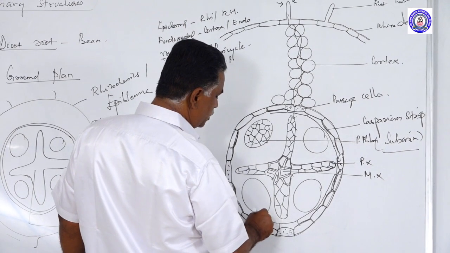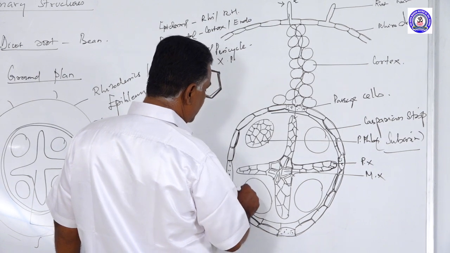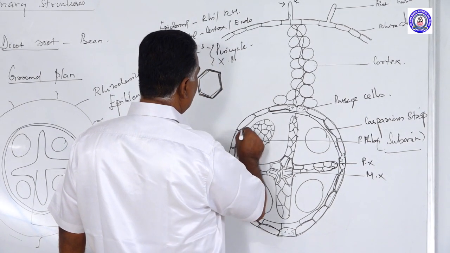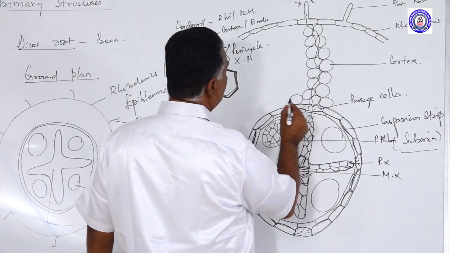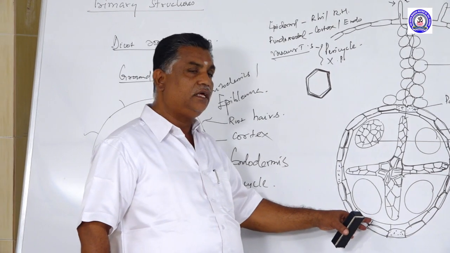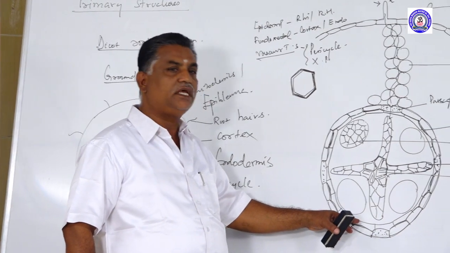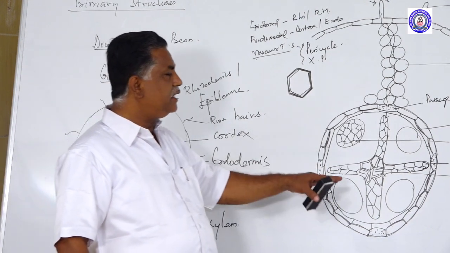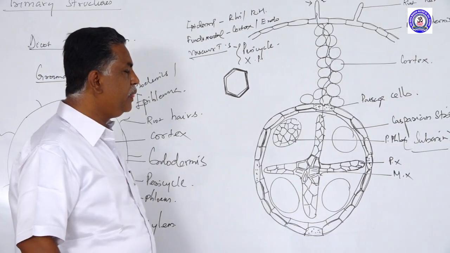So we already talked about pericycle. And as I said earlier, the lateral roots originate from the pericycle, and so they are endogenous in origin. And inside that there is xylem and phloem.